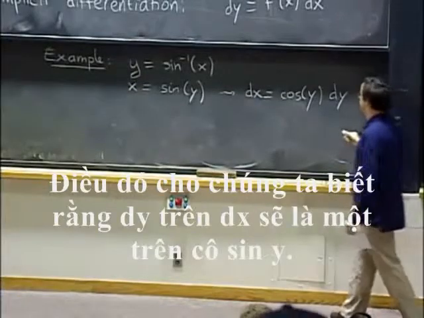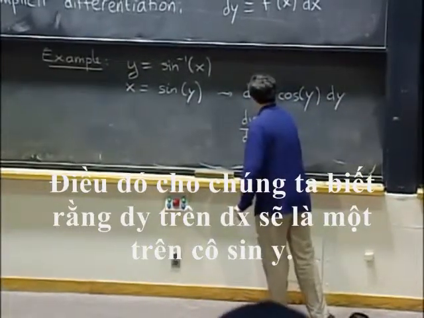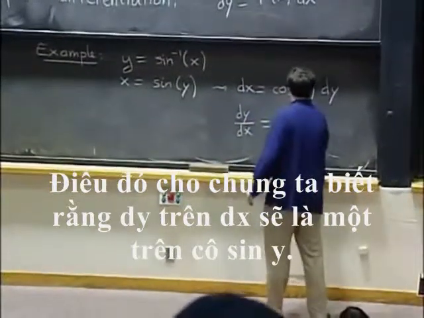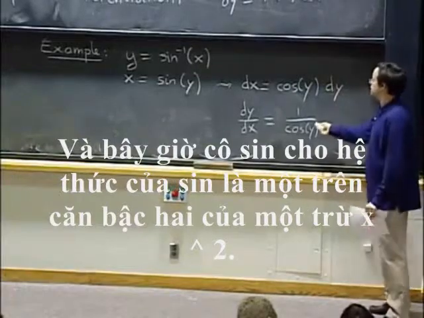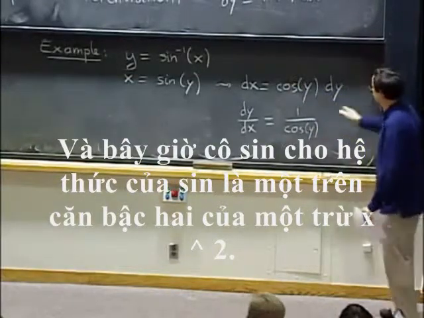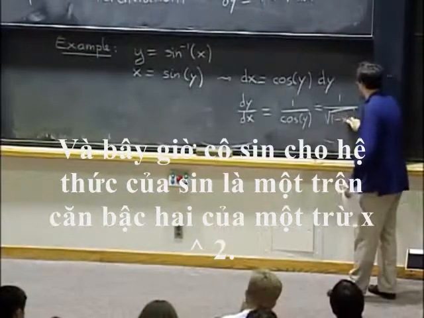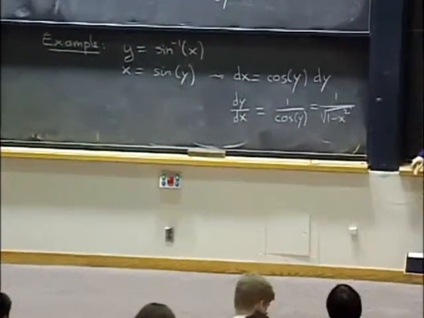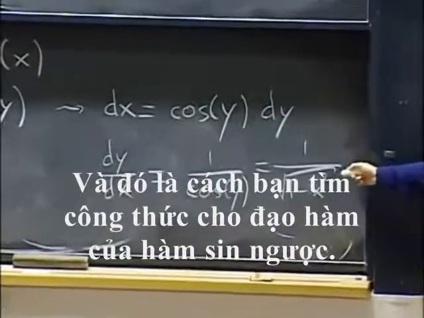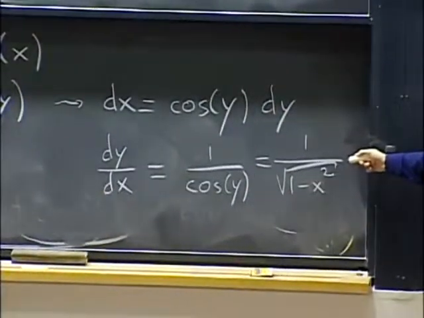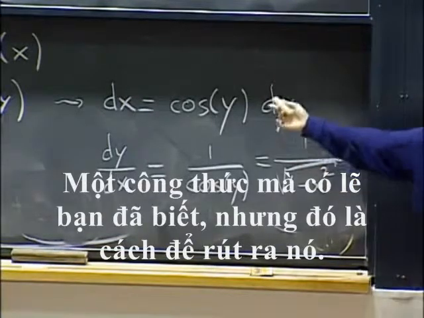And so that tells us that dy over dx is going to be 1 over cosine y. And now cosine, the relation to sine, is basically 1 over square root of 1 minus x squared. And that's how you find the formula for the derivative of the inverse sine function. A formula that probably you already knew, but that's one way to derive it.